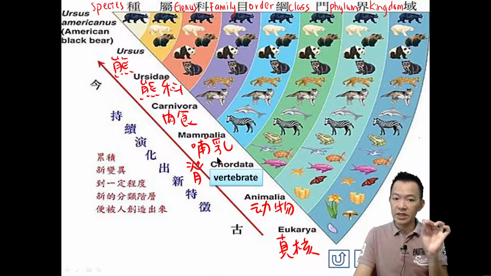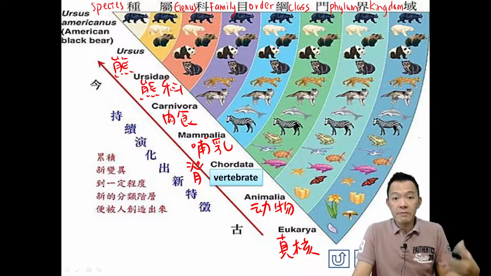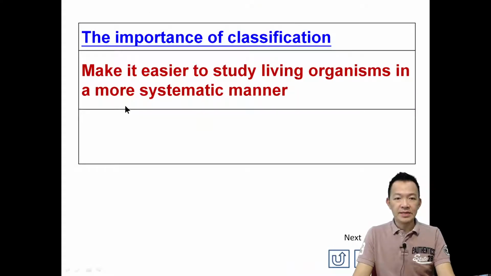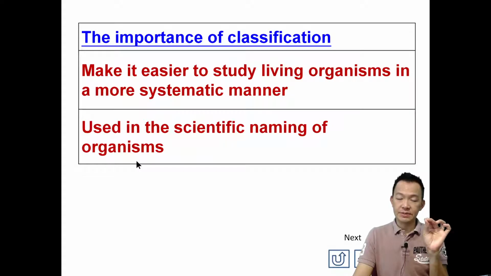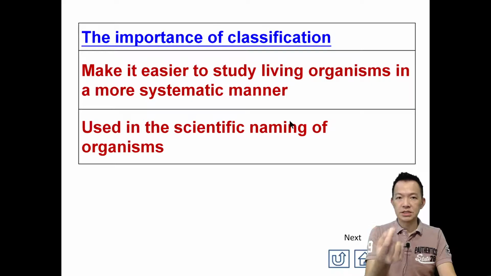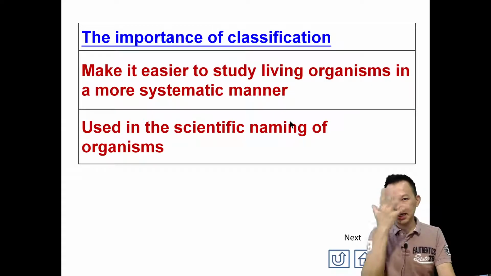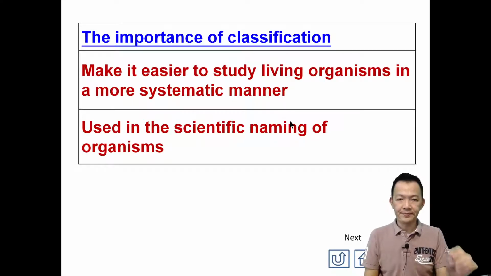We give different names to different species of animals, so we can tell the different types apart. This is using the scientific naming of organisms. For example, the scientific name of humans is Homo sapiens, meaning modern humans.